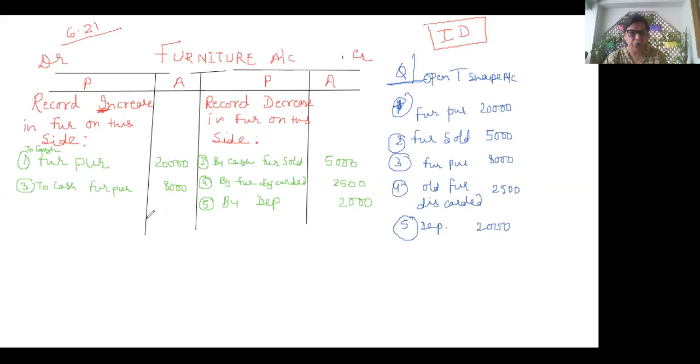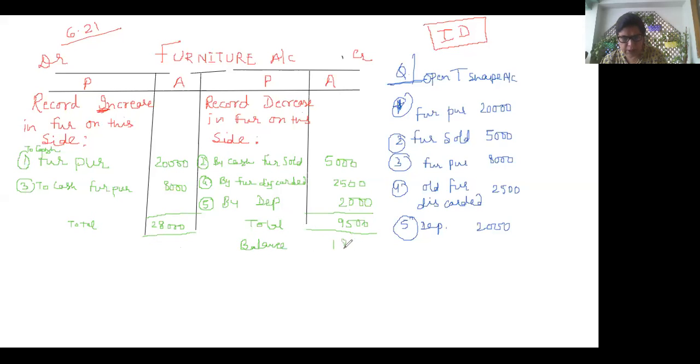Now what to do? Just make the lines, do the total of this side, and the total of this side is 28,000. Do the total of the other side, and the total of this side is 9,500. Then you can find out the balance. Keep in mind, balance means the remaining amount, 28,000 minus 9,500.